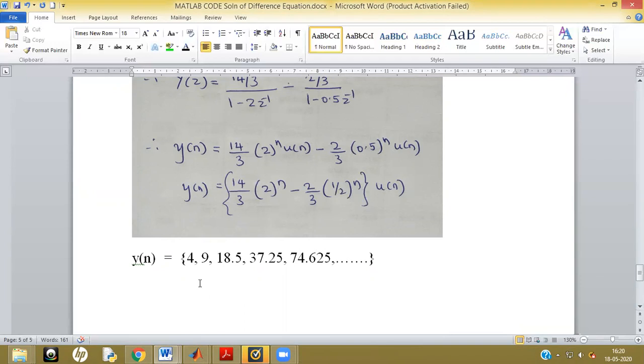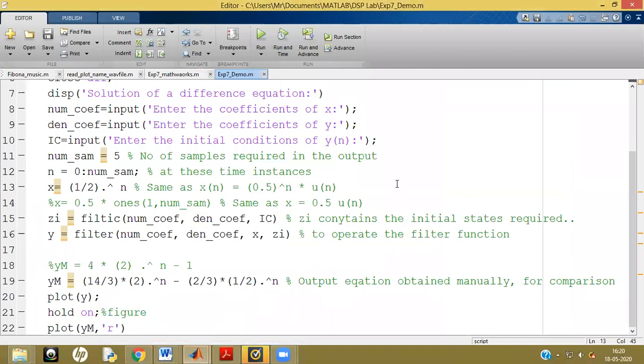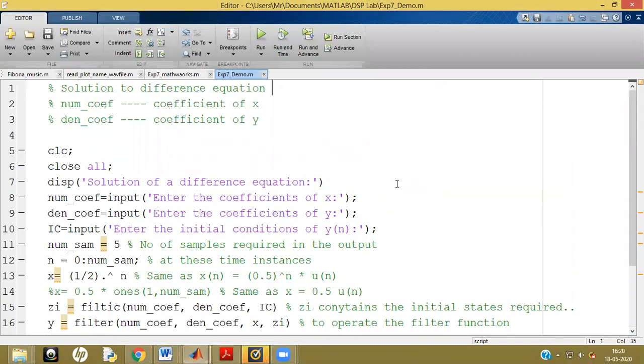Okay, this is the example that has been considered. Now the same thing, if you were to demonstrate on MATLAB, you are going to use a built-in function, and we have already obtained the solution the other way in the first experiment, so you can recall that from your records.